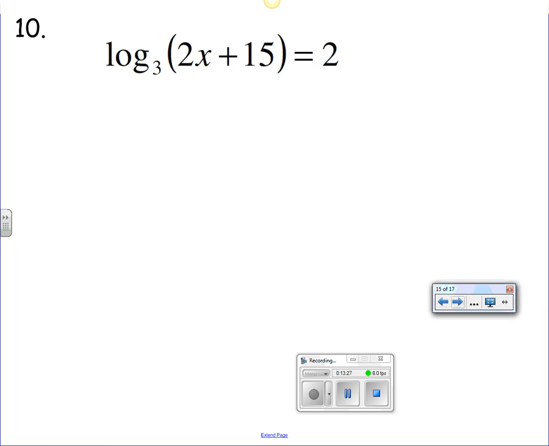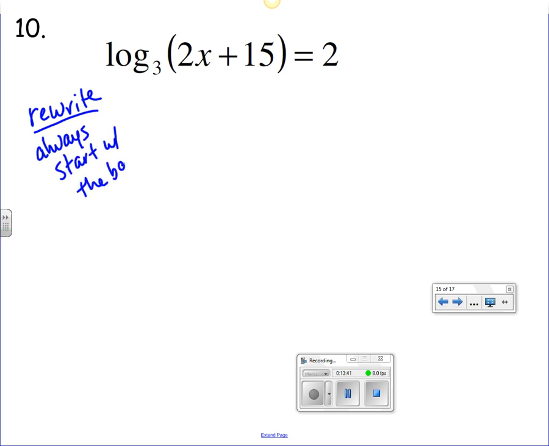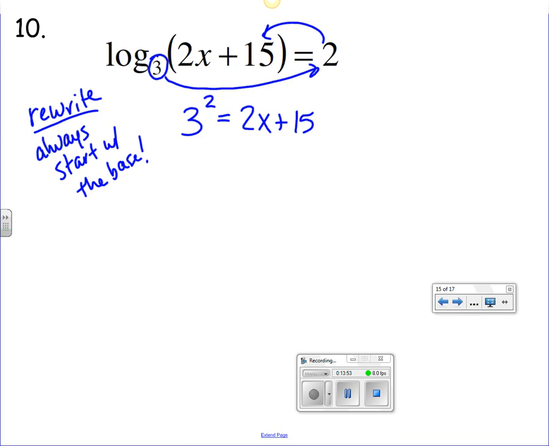All right, so step 1 was to condense, but there's nothing to condense on this one. So you're going to rewrite it, and you always start with the base. Okay, so my base is 3, and you go to the second power equals 2x + 15.